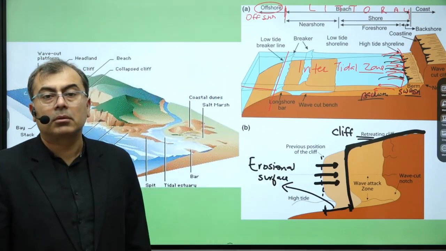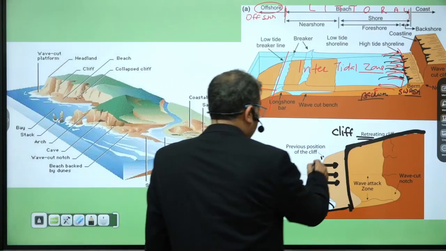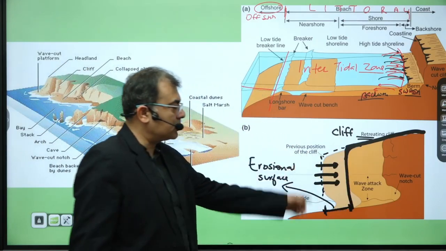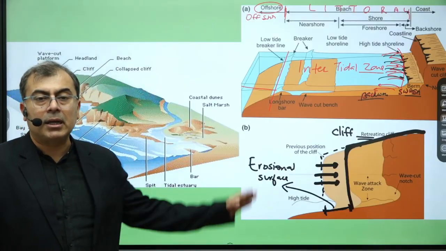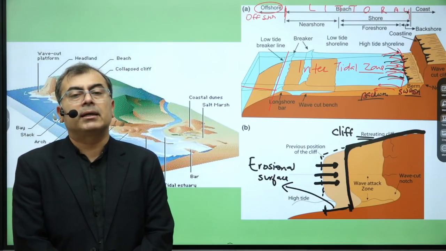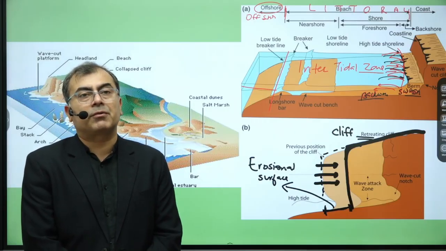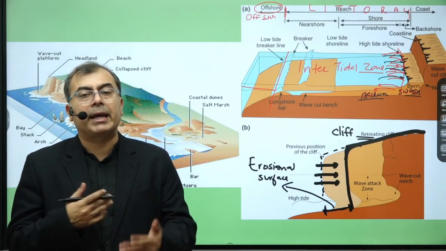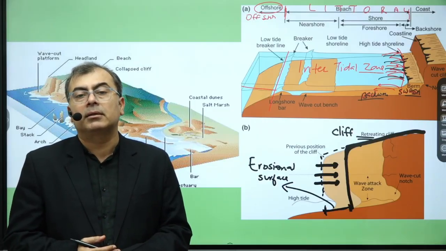Yes or no? Previously there was cliff till this point. But now the cliff has fallen down and that flat surface is created. Can I call this an erosional surface? Remember peneplain, pediplain, etchplain and all that? Yes.